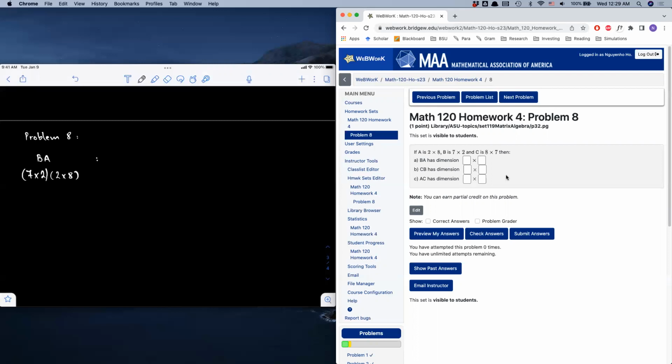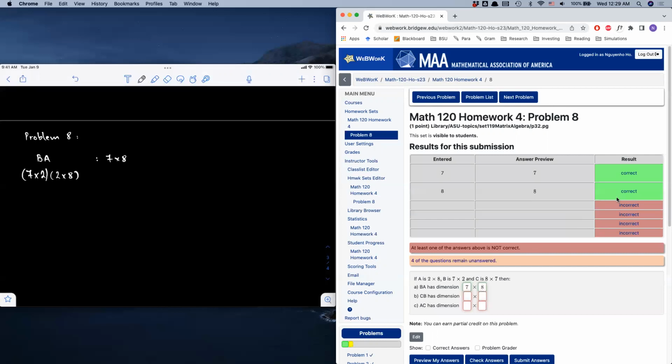Therefore, the resulting matrix, or the product, has the dimensions of 7 by 8. So this is 7, this is 8. Let's submit and see what happens here. So that's correct, right? It would give me an incorrect answer here because we didn't input the value yet.